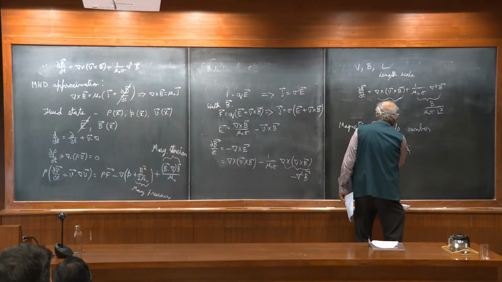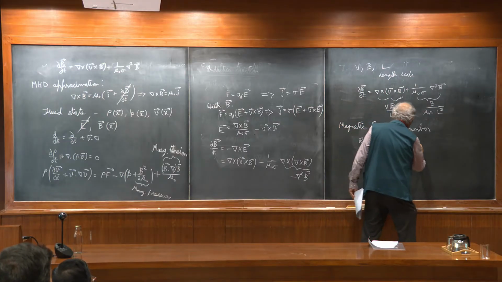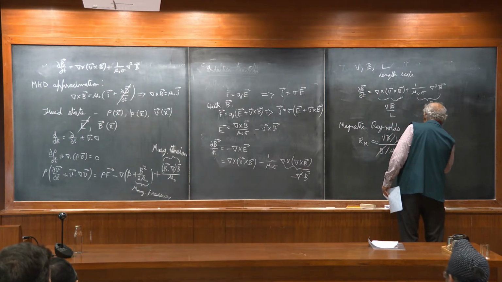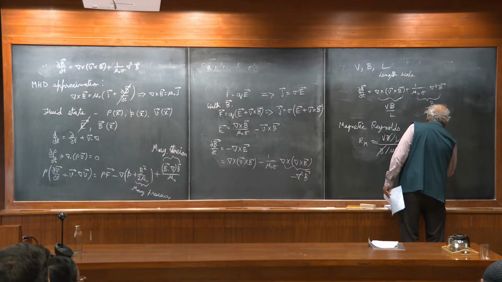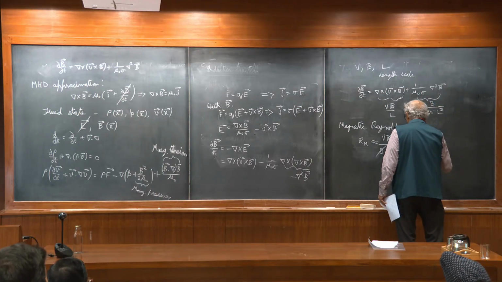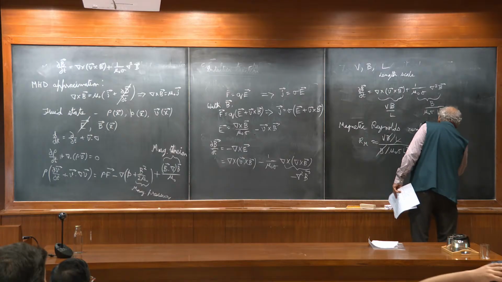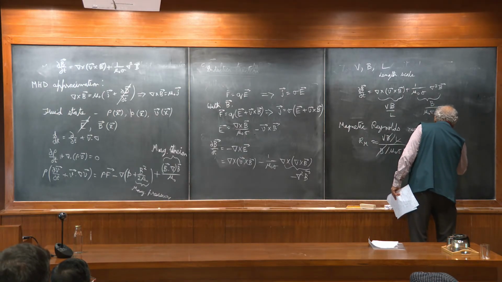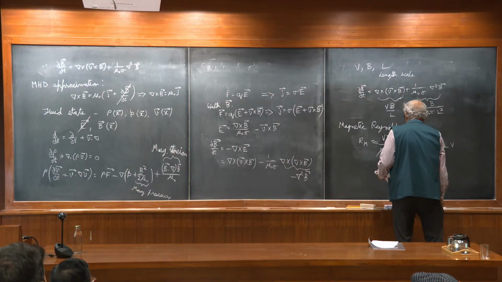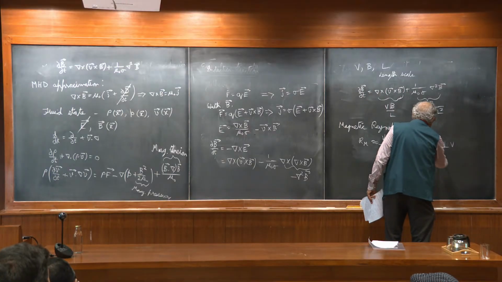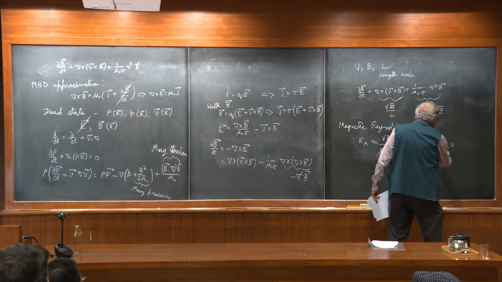I should put an approximation sign here. What you are left with is mu 0 sigma L V, where sigma is the electrical conductivity.